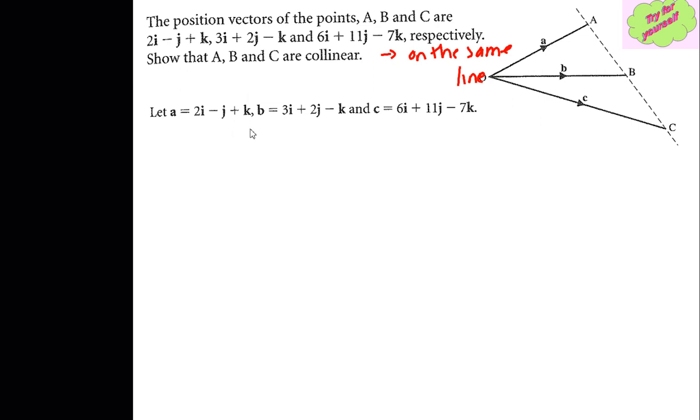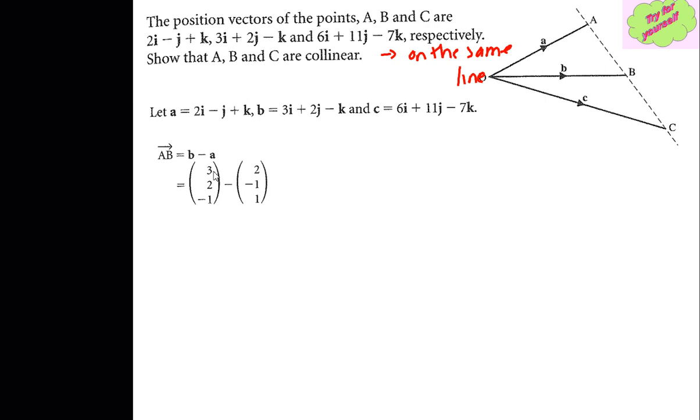Let A equal that, B equal that, and C equal that. That's done, so that's how these have been labeled. Okay, so AB equals B minus A, or minus A plus B. Doesn't matter how you look at it.